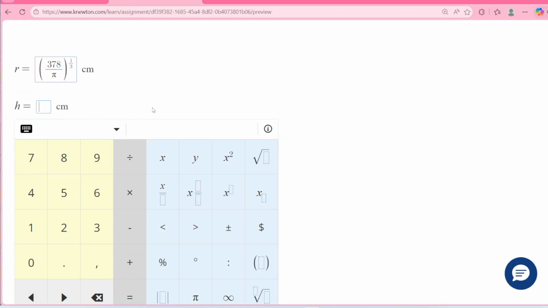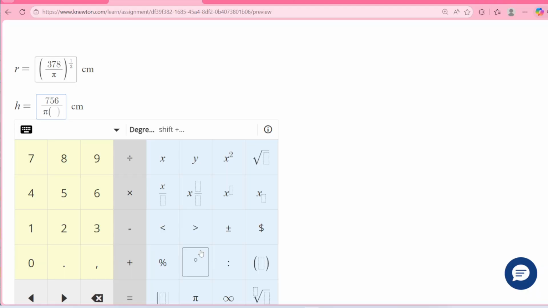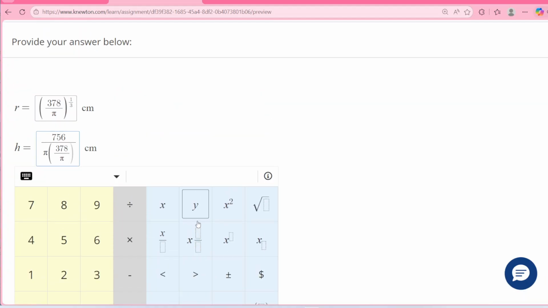And then the height would be 756 divided by pi times the radius squared, 378 over pi to the 2/3 power. And I'm hoping this is good as an exact and they don't need me to simplify this.